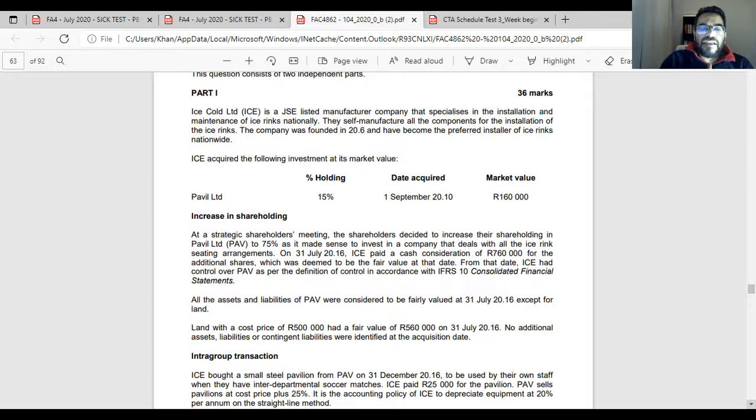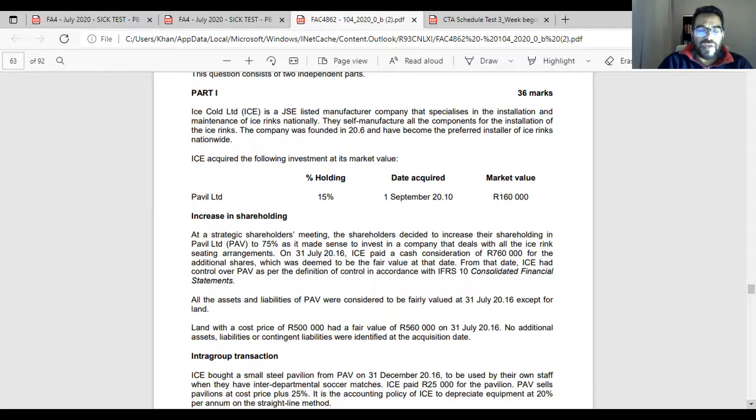Now there's an increase in shareholding, and this is what we're going to focus on, okay? At a strategic shareholders meeting, the shareholders decided to increase their shareholding in Pavel to 75%. So that means it increased by 60%. As it made sense to invest in a company that deals with all the ice rink seating arrangements.